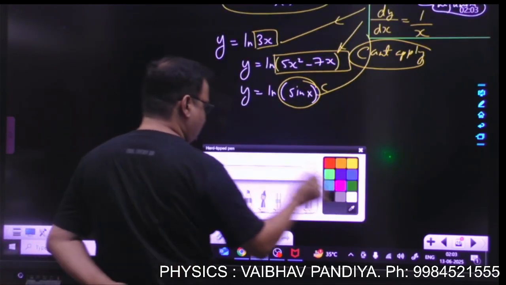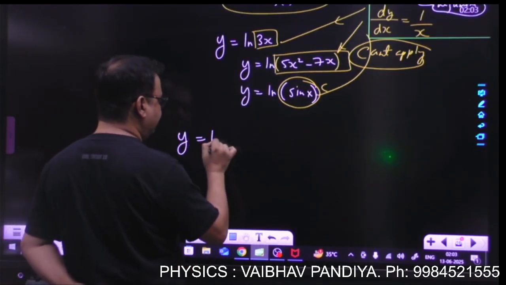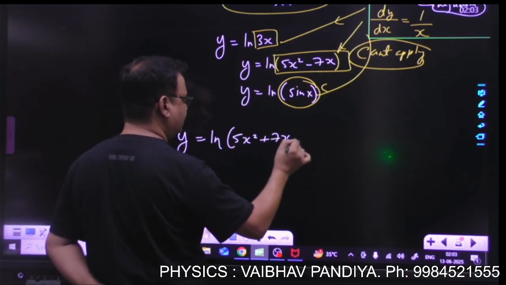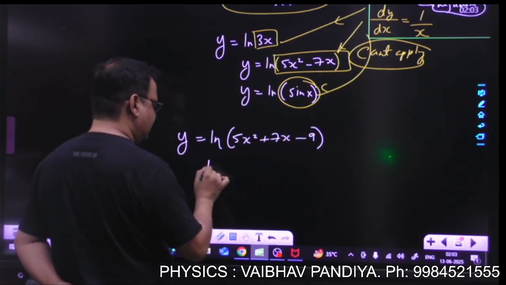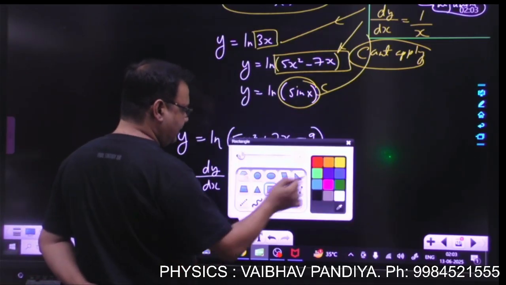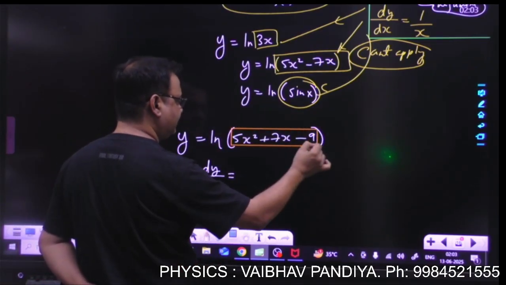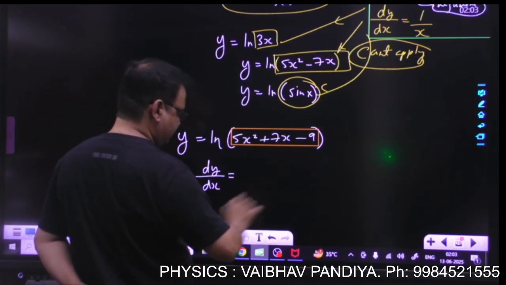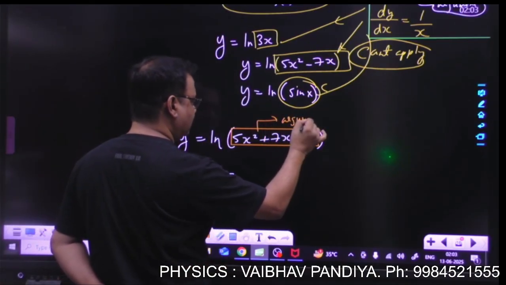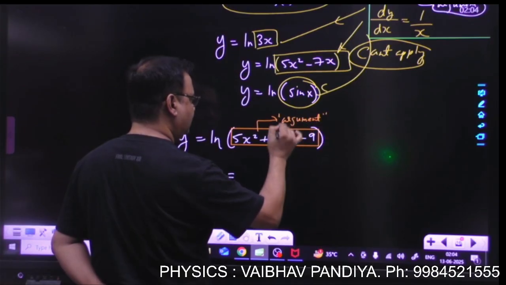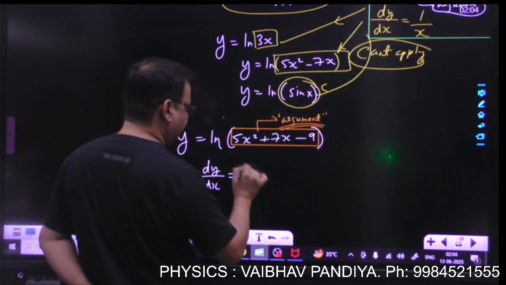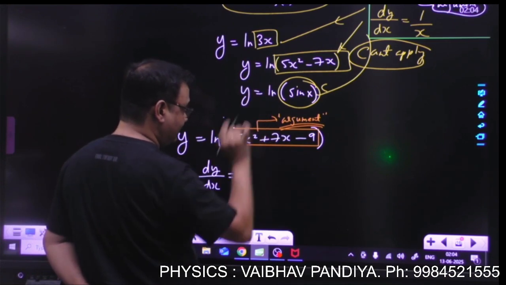Say, if you have y is equal to ln of 5x square plus 7x minus 9, and we have to find dy by dx. So what is the argument in this case? This is the argument of log. So treat it as a single quantity. So you'll get, ln x has a derivative of 1 by x.